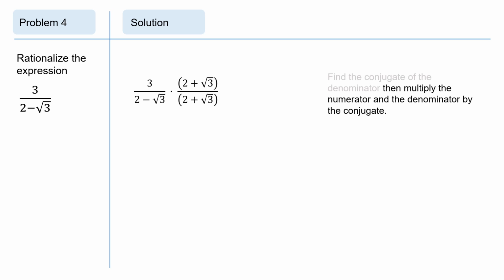Then, multiply the numerator and the denominator by the conjugate. Kaya, sa numerator, we have 3 times the quantity of 2 plus the square root of 3. At sa denominator naman, we have 2 squared minus the square root of 3 raised to the second power. Yung rule lang natin sa sum and difference of 2 binomials.